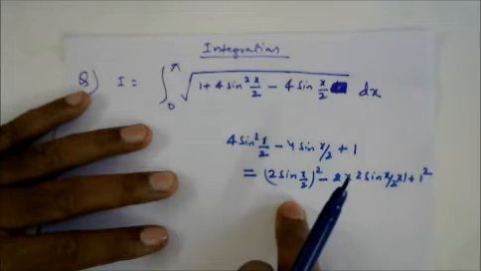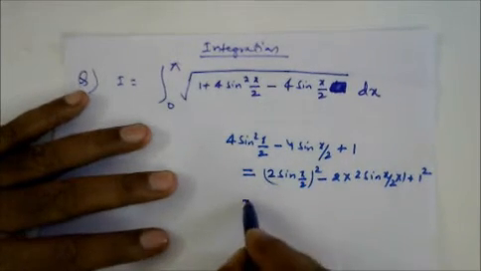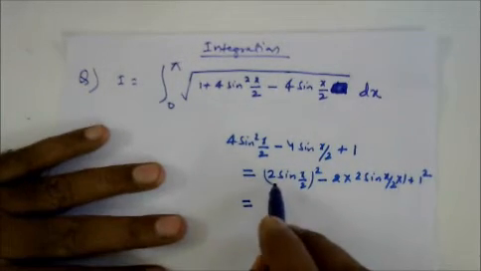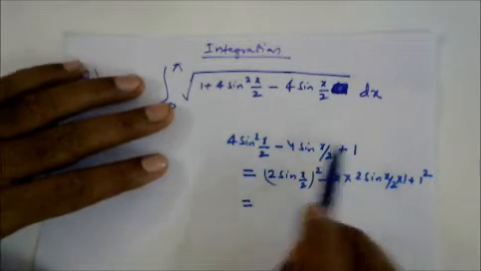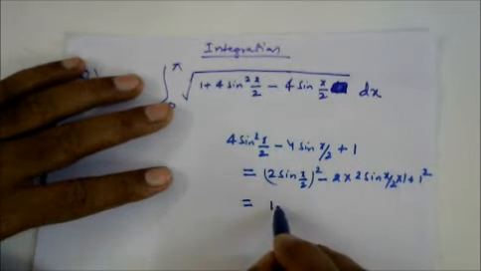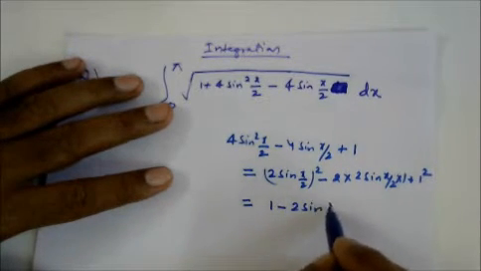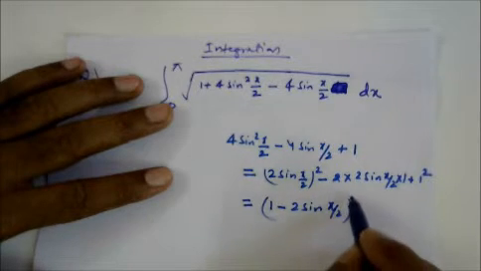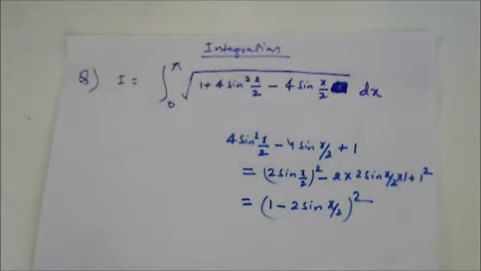So it has come as a square minus 2ab plus b square. So we can even write it as 1 minus 2 sin x by 2 whole square. That also can be written.